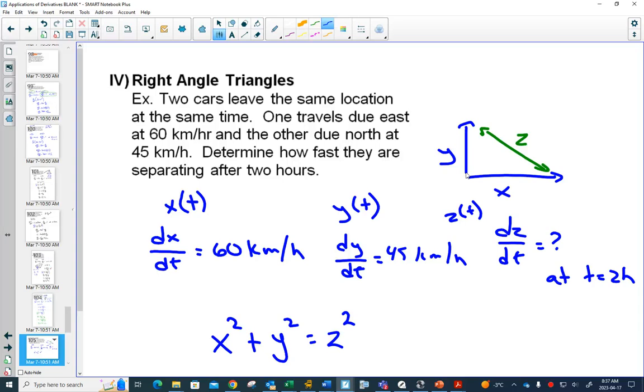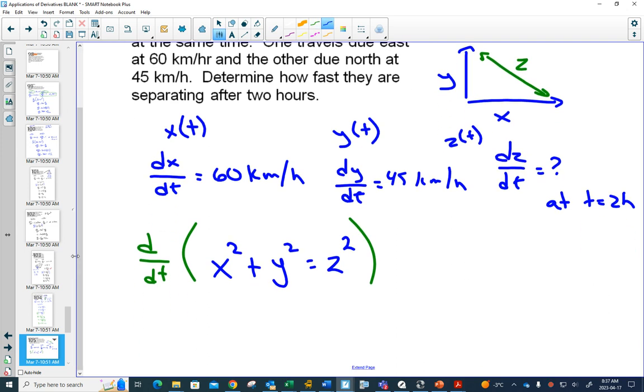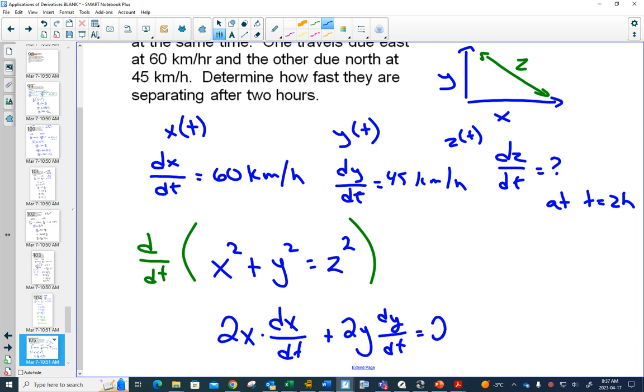And we can use explicit differentiation and do the derivative with respect to time here. So the derivative of x squared would be 2x dx/dt. The derivative of y squared would be 2y dy/dt. And the derivative of z squared would be 2z dz/dt.